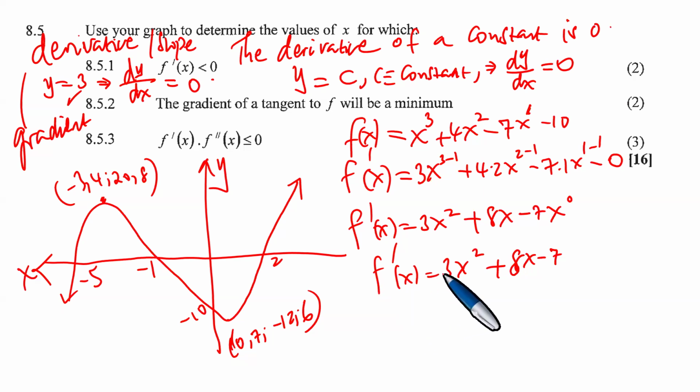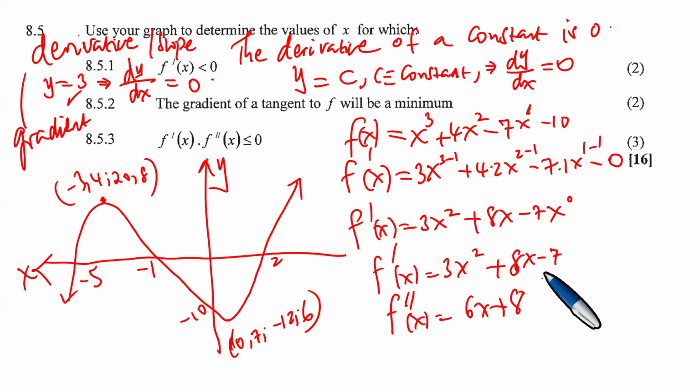This here represents a tangent, so the gradient of a tangent would be the second derivative, which is 6x plus 8. This gradient of a tangent itself will be a minimum.